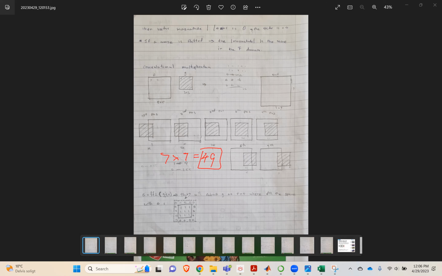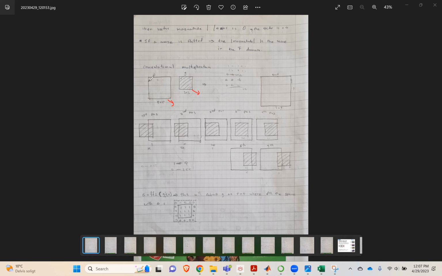But if you take the original image and convert it into the Fourier domain, and your filter also into the Fourier domain, and just do pointwise multiplication.